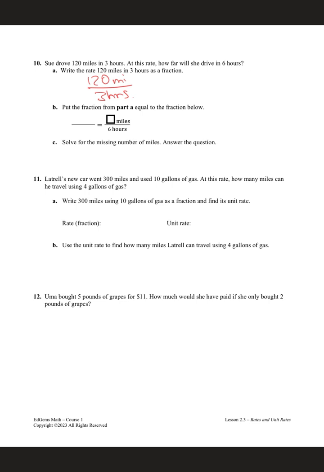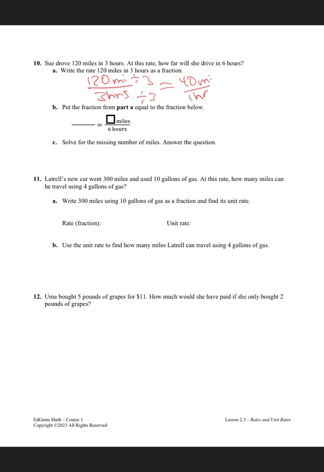Now, what they're asking us to do, so we wrote the rate, and then what we're going to do is go ahead and convert it to a unit rate. So we're going to divide both the numerator and the denominator by 3. So 120 divided by 3 is 40. So it's going to be 40 miles over 3 divided by 3, which is 1, so 1 hour.